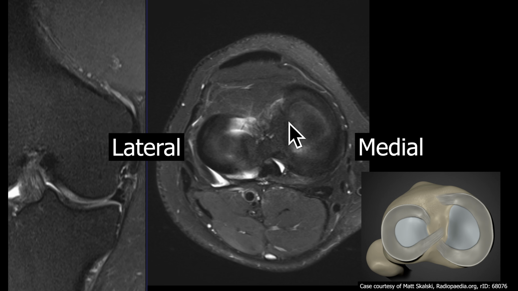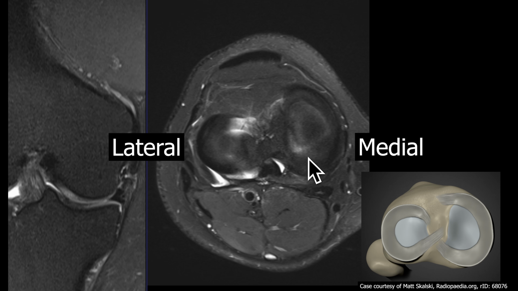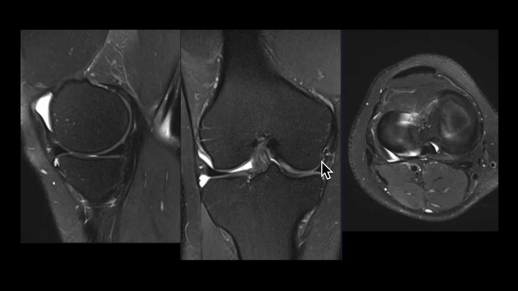It has a more open C-shaped configuration as opposed to the lateral meniscus here, which is more tightly bound, mimicking an incomplete ring shape. So again, here's that medial meniscus with an open C-shaped configuration versus the lateral meniscus, which has a more closed C-shaped configuration.